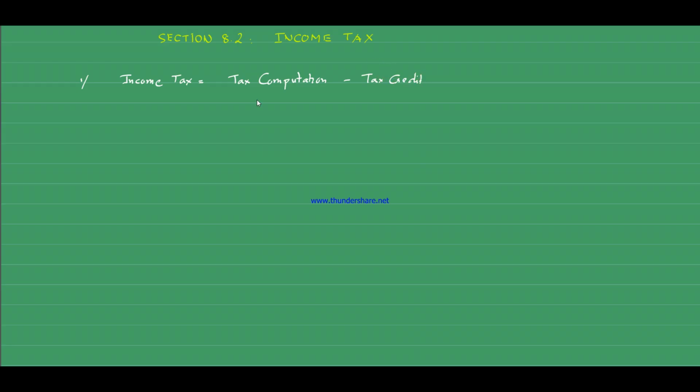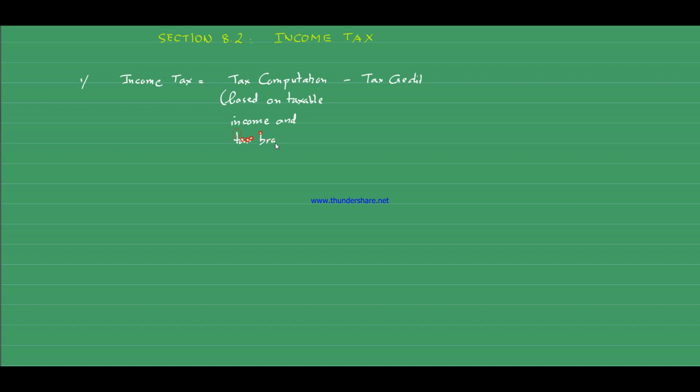This tax computation is based on the taxable income and the tax bracket.